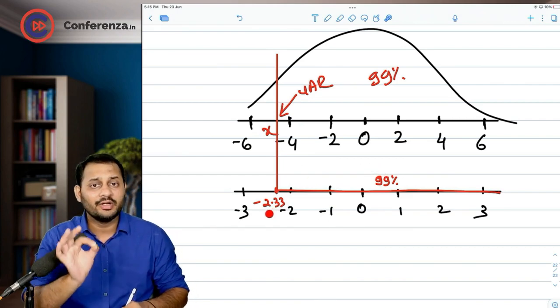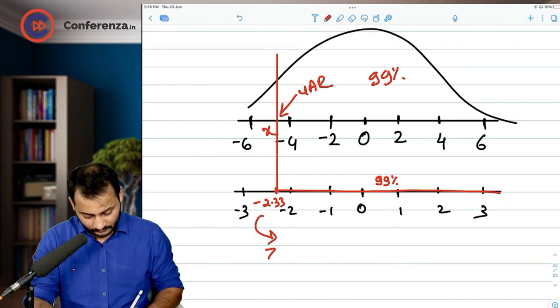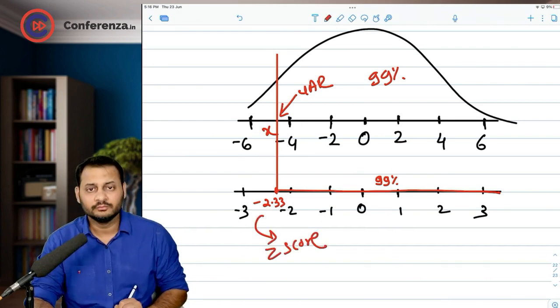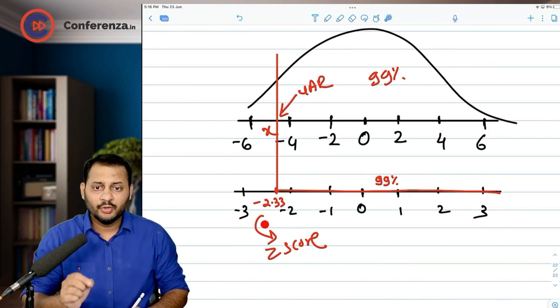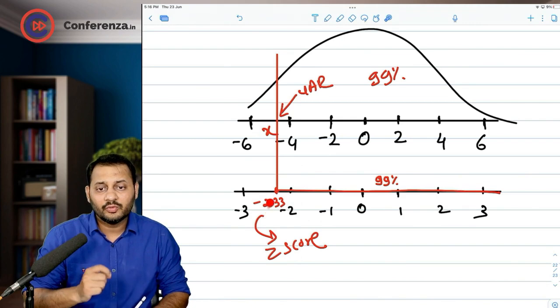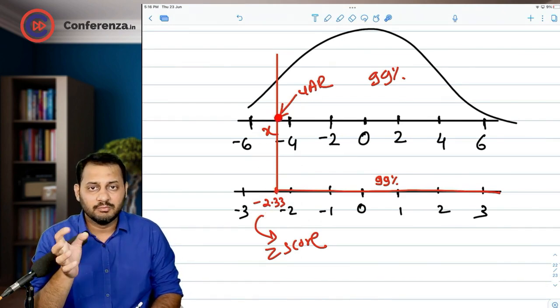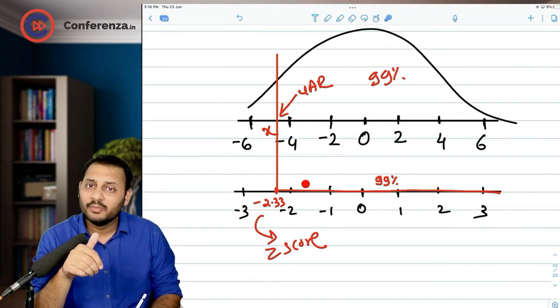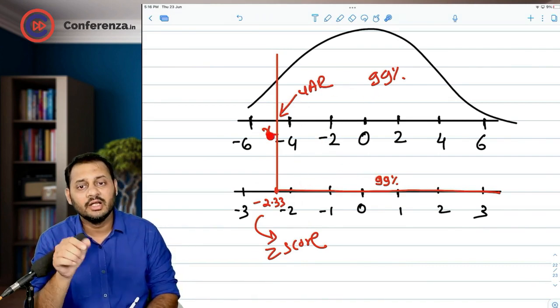It lies at 2.33 z-score. Then you tried to find the equivalent location in the above figure, because both of these are normally distributed, so this 99% can be applied to 99% here as well, to this point.